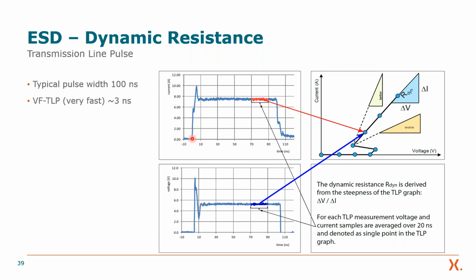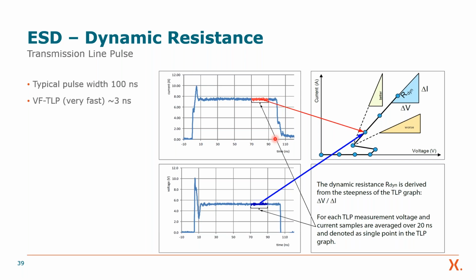The current that is flowing into the protection device is nearly rectangular. You see that at the beginning there's some activation process going on, and then you see the rest of the rectangular pulse. It's not ideally rectangular. You have a length of 100 nanoseconds and a rise time of 1 nanosecond.